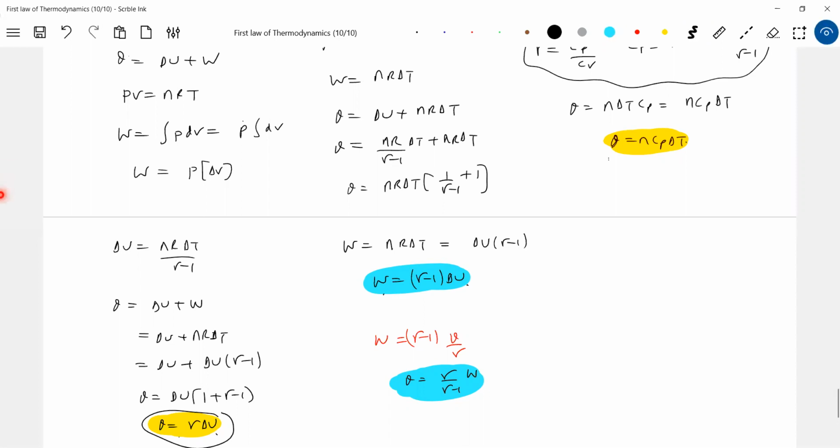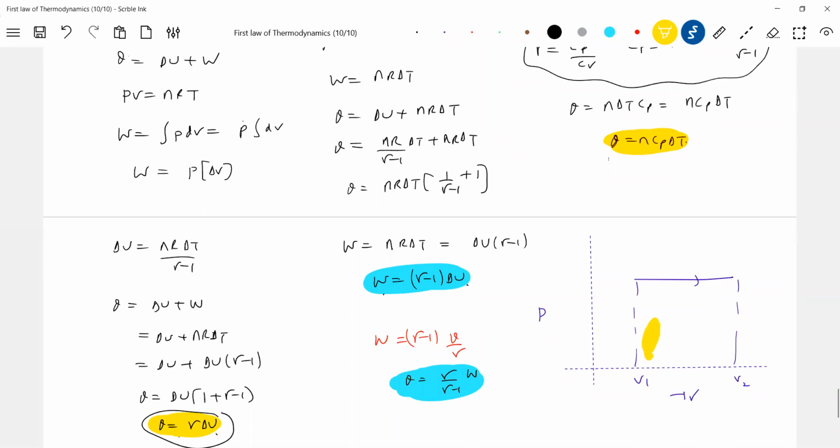How pressure of gas can be constant? How is it possible? Now the gas will undergo the process such that the pressure of gas will be constant. So there's a path you can see now. The gas has undergone a process, the pressure of gas is constant, the volume is changing.